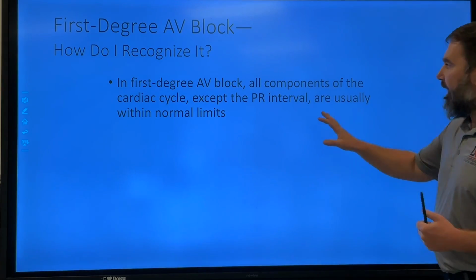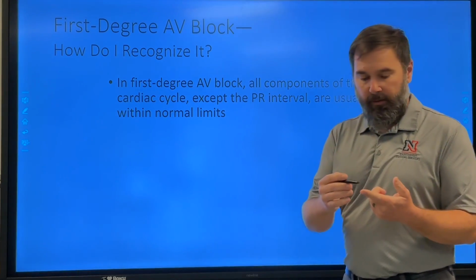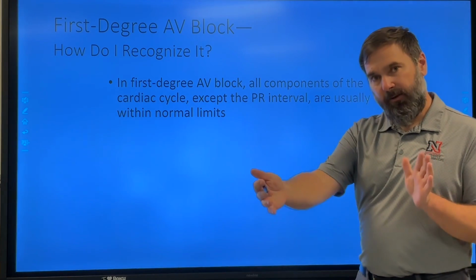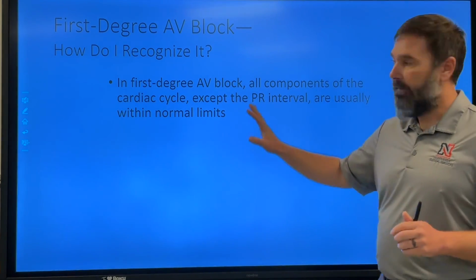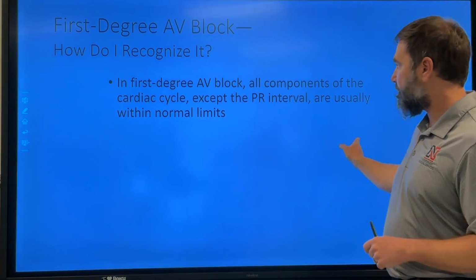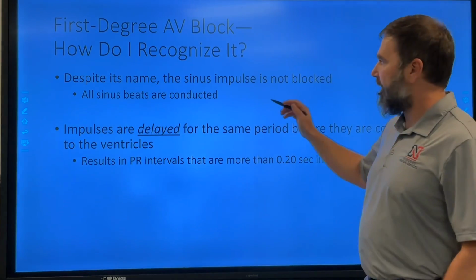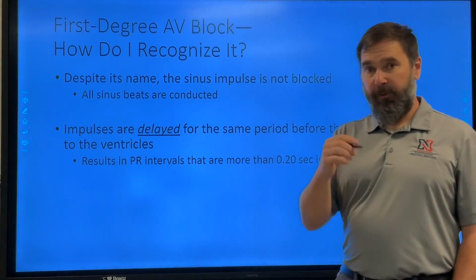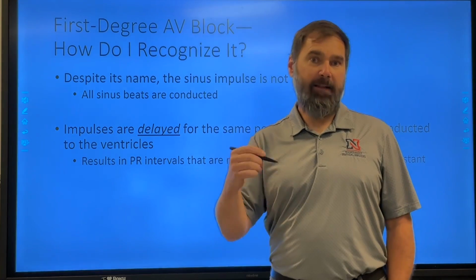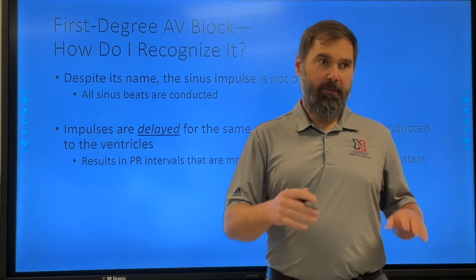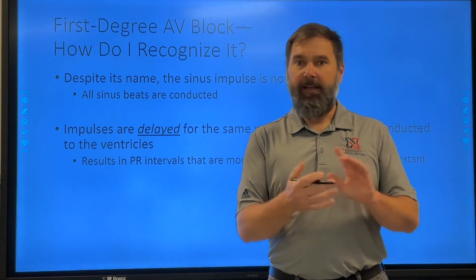If you take a sinus rhythm and extend that PRI beyond 0.20 seconds, then we have a first degree block. Despite its name, the sinus impulse is not blocked. All sinus beats are conducted, which is one reason a lot of times we identify these as sinus with a first degree block. So the whole conduction cycle for the sinus mechanism is working.